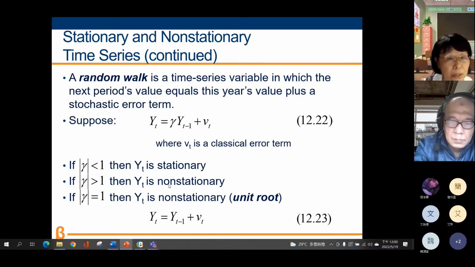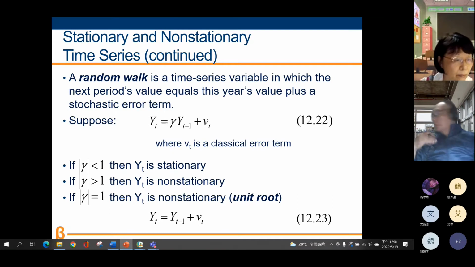One is that it just explodes in any direction, and the other is just the same as the previous one. So y will not converge to any value.